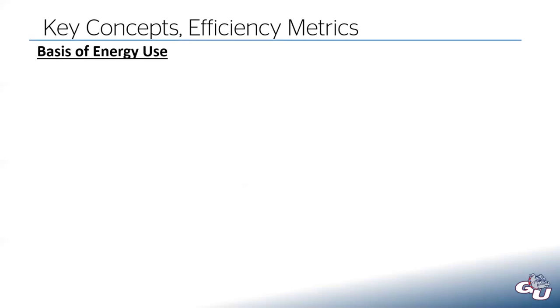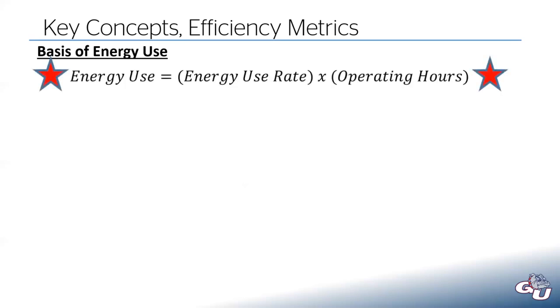So anytime we are talking about energy being used by a system, it comes from this equation right here. The energy use is going to be based on the energy use rate, which is going to be your power. Most commonly, that's going to be kilowatts if we're talking about electric power, or if we're talking about gas use, that would be in BTUs per hour.